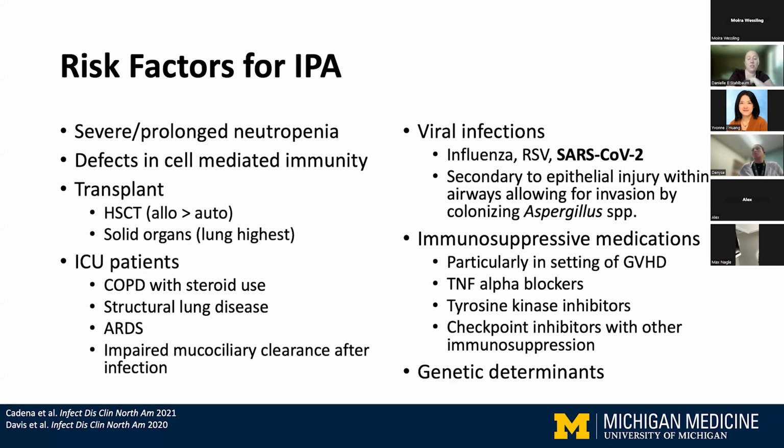There are also some genetic determinants. A small study found that polymorphisms within the genes that encode pentraxin 3 and toll-like receptors 2 and 4 had increased risk for developing invasive pulmonary aspergillosis in patients that had stem cell transplant or solid organ transplant.